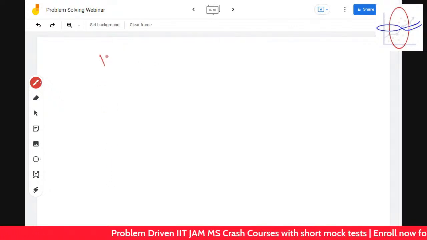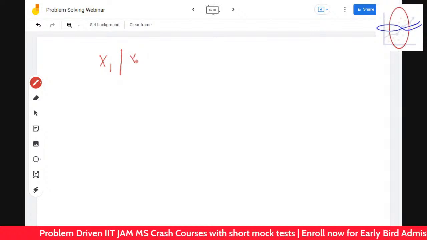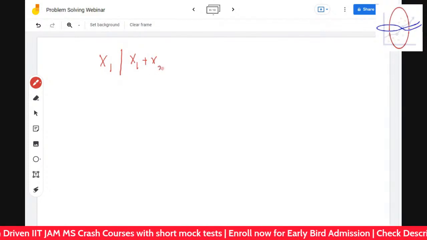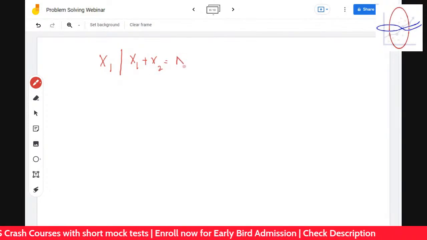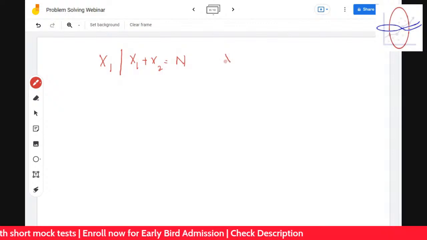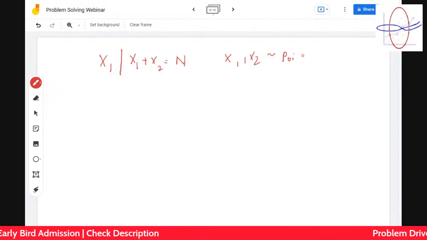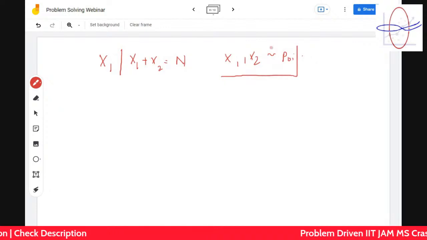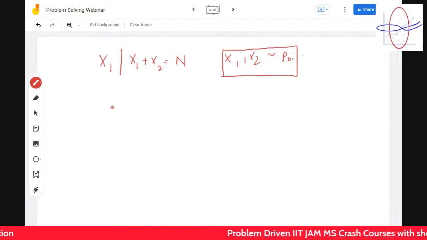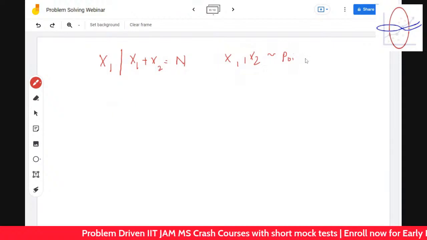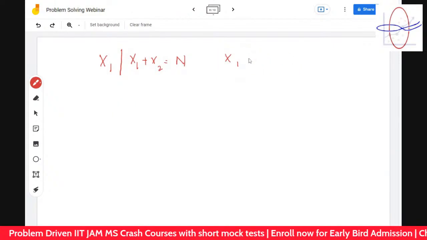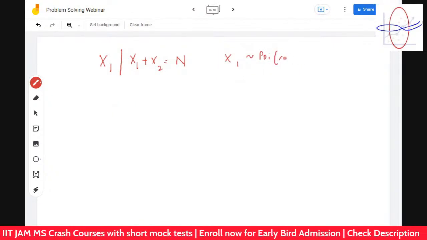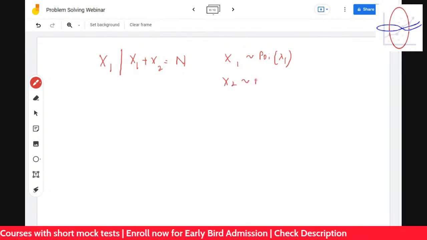So here the basic idea: X1 given X1 plus X2 is equal to n. X1 and X2 are Poisson. Let's say X1 follows Poisson lambda 1 and X2 follows Poisson lambda 2.